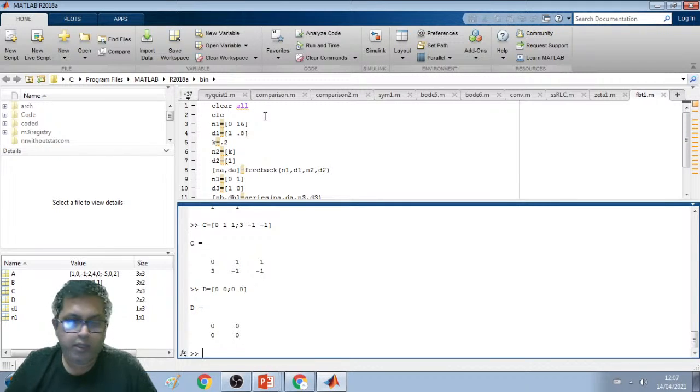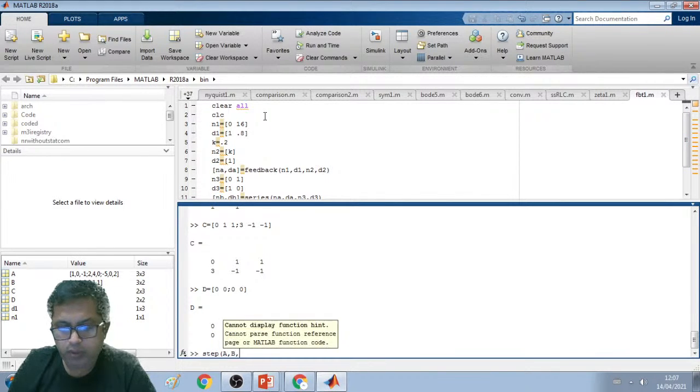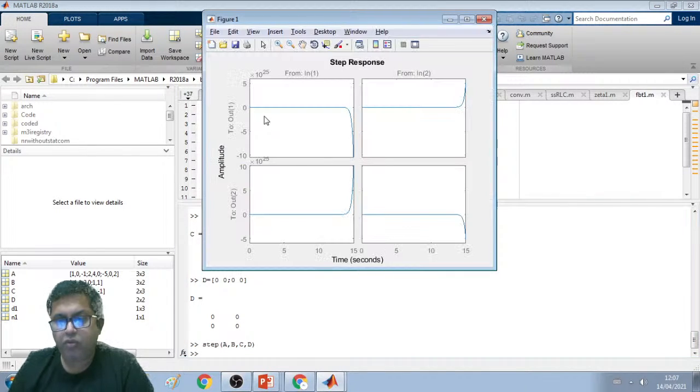Then what will be the syntax? The syntax will be step(A, B, C, D). Then you can see these are the signals.